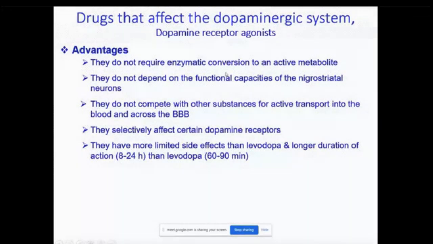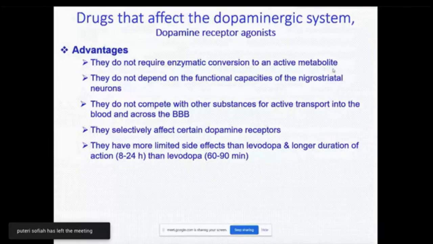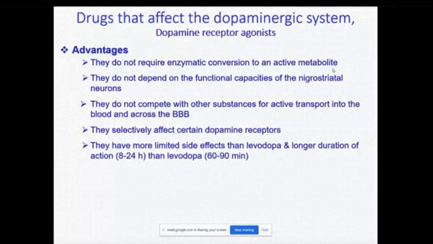They don't require enzymatic conversion to an active metabolite. This refers to what? Which one needs conversion into an active metabolite? Levodopa, right? So these drugs are not like levodopa. They go by themselves and activate the receptor right away. This is one advantage.